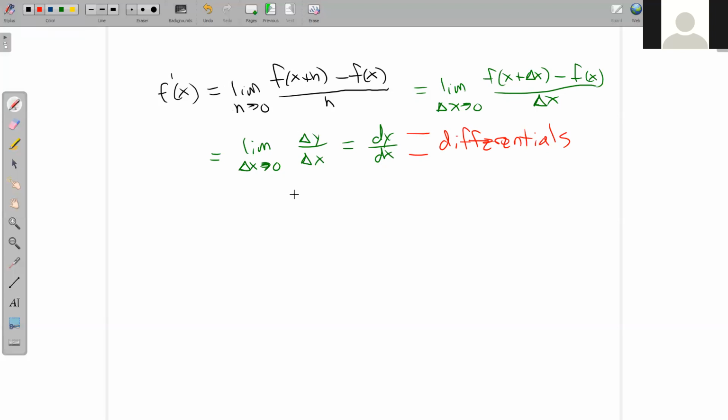The early people that developed calculus realized that this limit process is kind of sketchy, but super powerful. And some of them said that this dx and this dy are infinitely small changes in x and y.